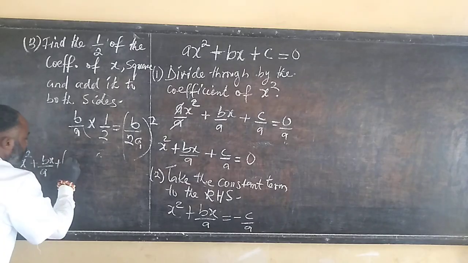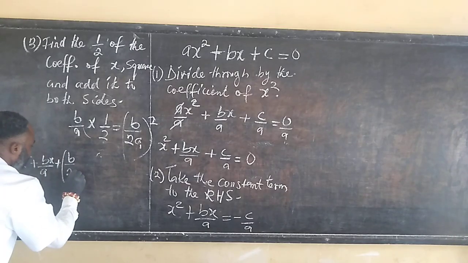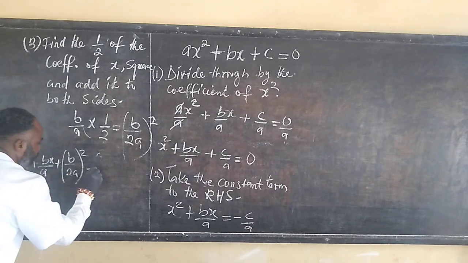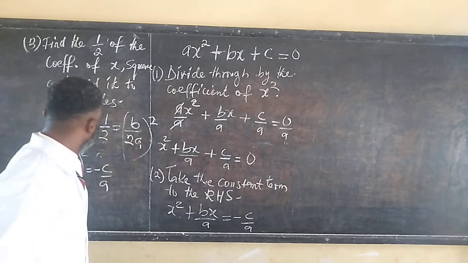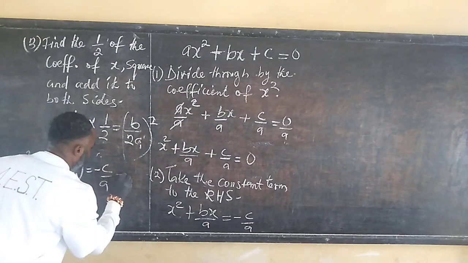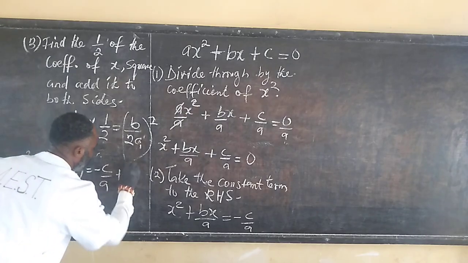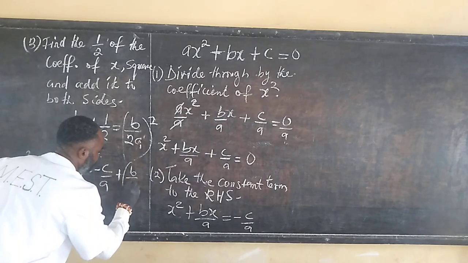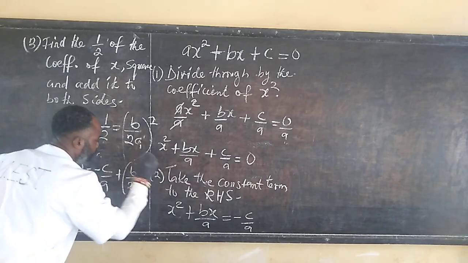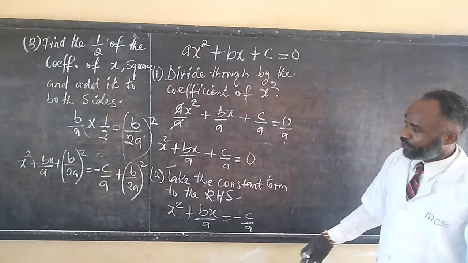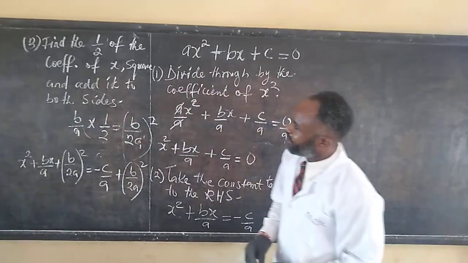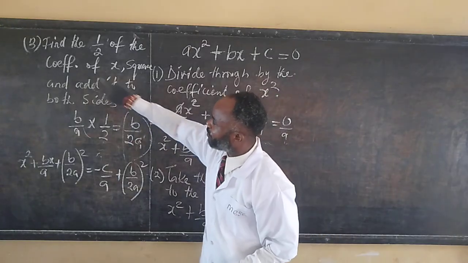And then we add this again to the right side: b all over 2a squared. We have obeyed the instruction given in number 3.